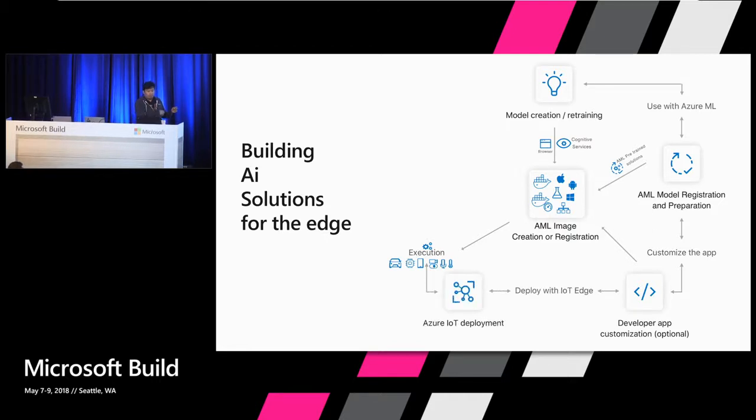But we are actually going to deploy it through IoT Edge. So we're going to go directly into IoT Edge, and IoT Edge is the one that's actually going to put the application on the device. And then we're going to monitor that model and the application and add additional data. That data is going to help us improve the model later on. So that's what we're going to try to do again.